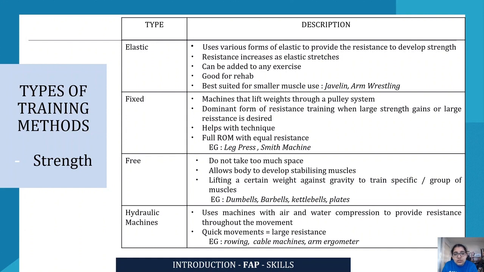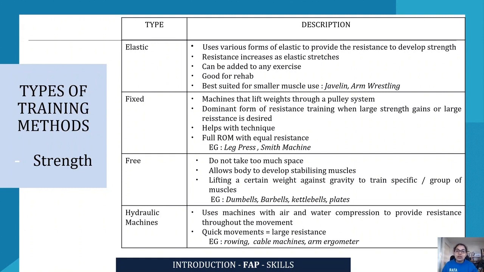Fixed refers to machines that lift weights through a pulley system. It's the dominant form of resistance training when a large stretch or large resistance is desired. So this is where you're focusing on a large set of muscles, like for example a leg press, or the machine that's kind of like a pull-up but with a fixed machine.